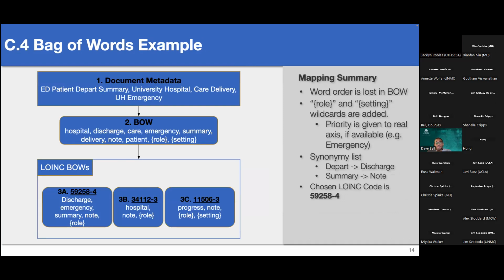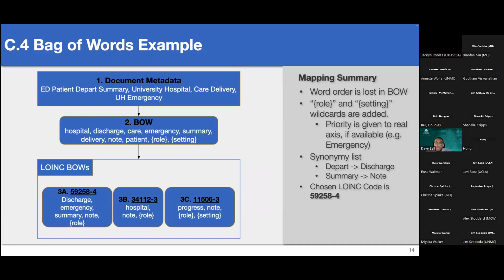And this is an example of how we take one document's metadata shown at the top, turn it into a bag of words, number 2 in the middle, and then we have 3 options to map. For our algorithm, it takes the one with the most matches for each individual dimension. So the first one has the most, and the second one only has 2, while the third one also has 2.